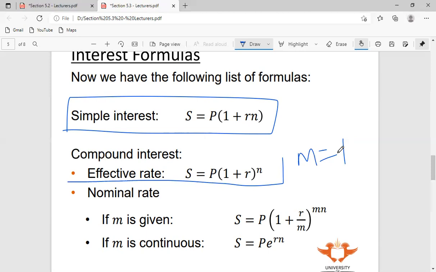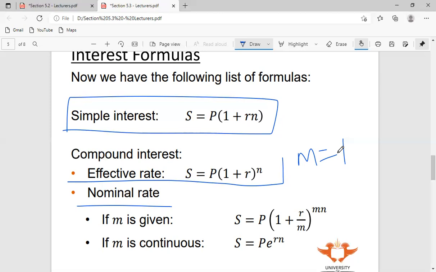You will just be told 6% or 7% effective interest rate. Once you see effective interest, just know that they are talking about interest compounded annually. Otherwise, it is a nominal interest rate where m is quarterly or semi-annually, weekly or daily.